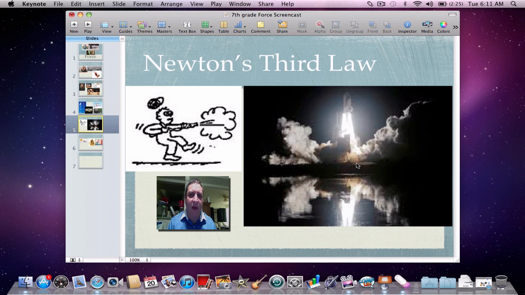It was so bright. It was so much incredible force that no viewer, no person, not even the media, could be within a mile of the launch when it happened. You had to be a mile away, using binoculars or zooming in on your cameras, because this force was so incredible. So the action is this pushing down, and the reaction is it pushes the space shuttle towards space.